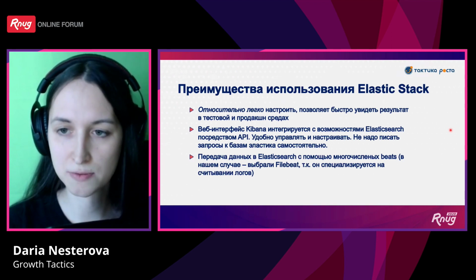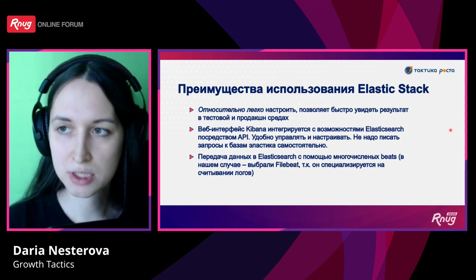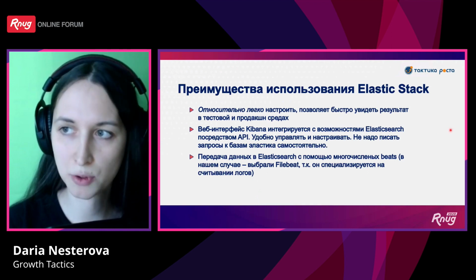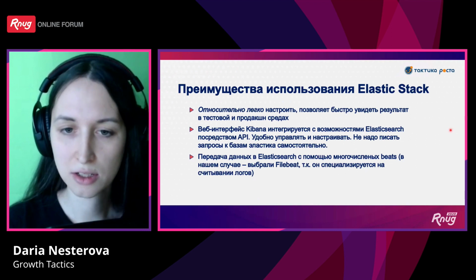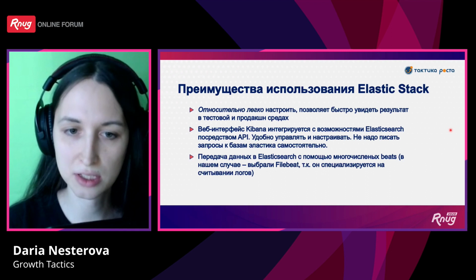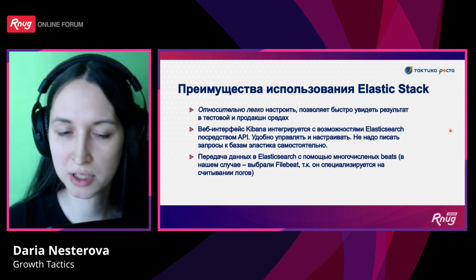The web interface of Kibana is very convenient because it can be integrated with Elasticsearch via API. If we're talking about a classic solution, you have to make a request to the base or to the Elastic Index, and it is done manually. But if you use Kibana, you can do it easily via the interface.